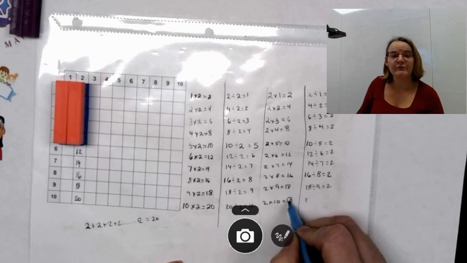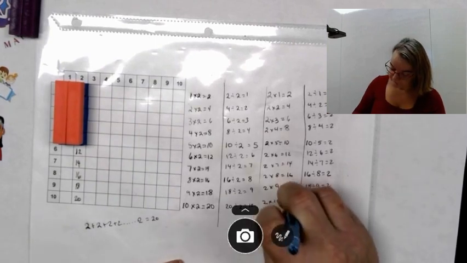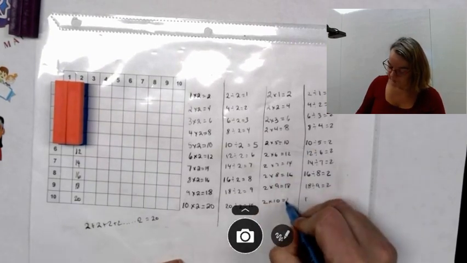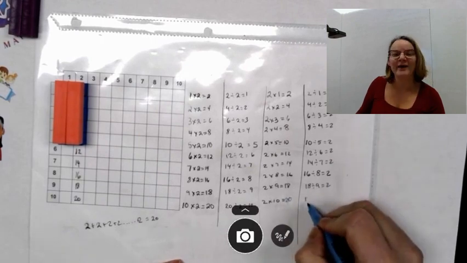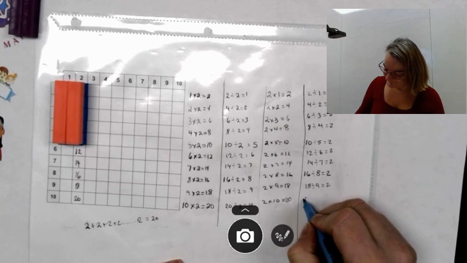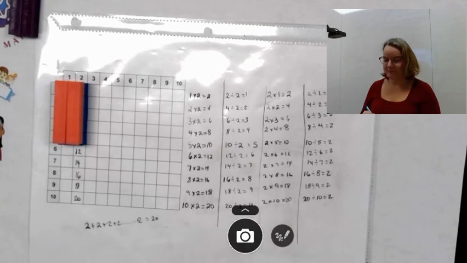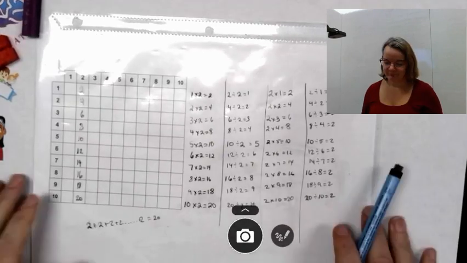And I just noticed that that should be a 20. I hope you caught that. And there we go. Perfectly imperfect.